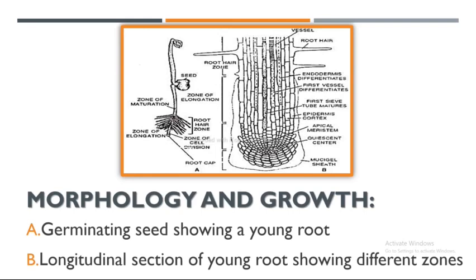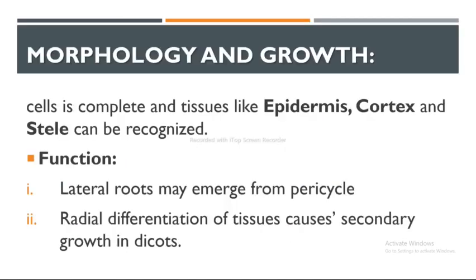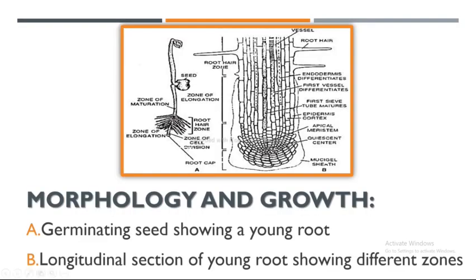So, morphology and growth. There are two figures. In the first figure, you are seeing the germinating seed showing a young root. In figure A, you can see the germinating seed which is showing a young root.